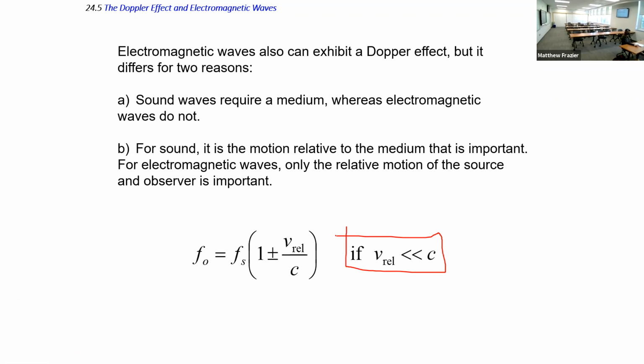One caveat is, because of all the relativity talk, if the speed between the things is large, close to the speed of light, and a ballpark figure is, say, 1/10 of the speed of light, as a rule of thumb, if you're using 10 to the 8 meters per second, you need a different formula. 10 to the 6 is okay.